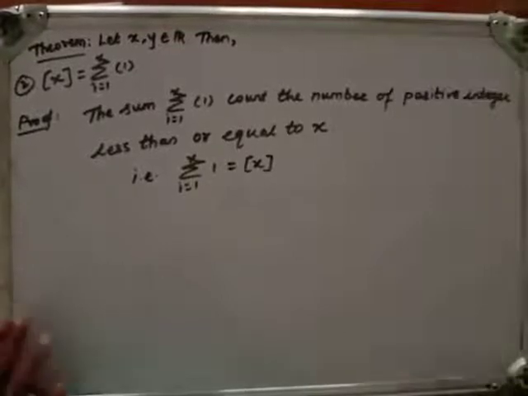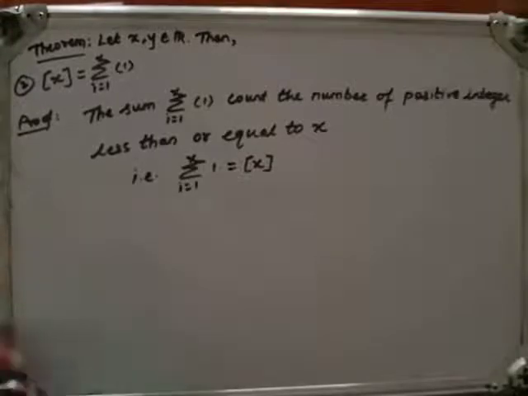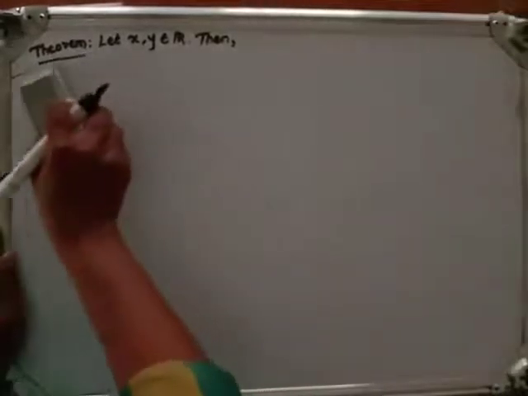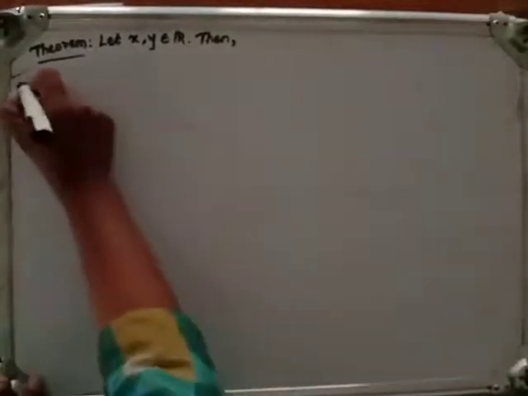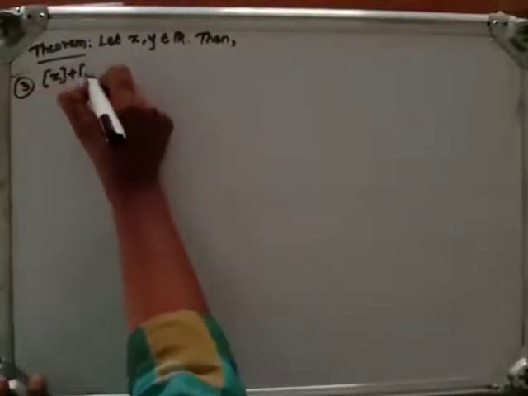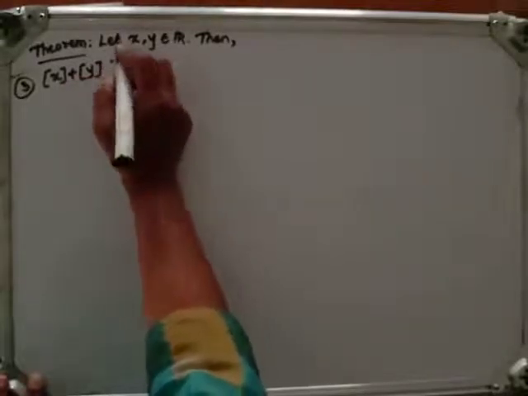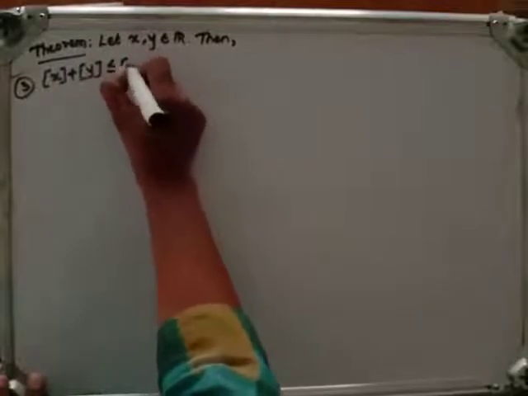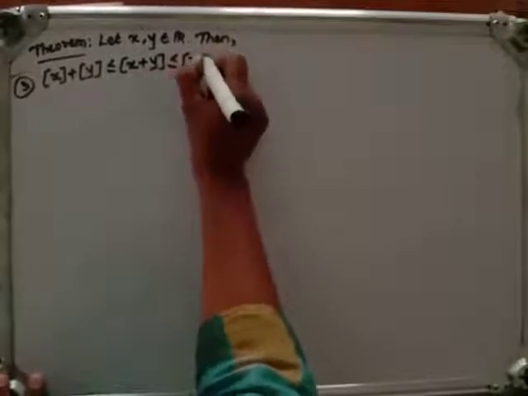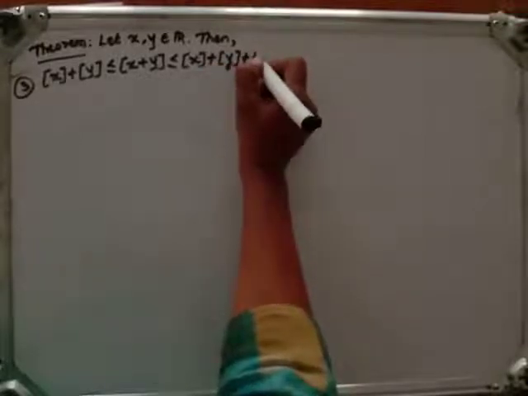Now let's see the third part. The greatest integer function of x plus the greatest integer function of y is less than or equal to the greatest integer function of x plus y, which is less than or equal to the greatest integer function of x plus the greatest integer function of y plus 1.